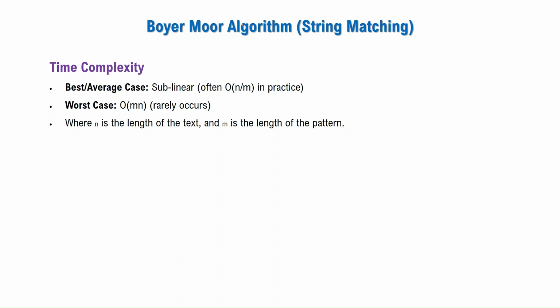Here, n is the length of the text and m is the length of the pattern. In the worst case, if the pattern is not found, it is going to be O of m into n. This rarely occurs in the Boyer-Moore algorithm. Worst case means there are no characters matched in the given text. That is the worst case scenario.